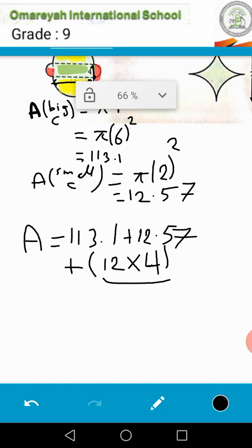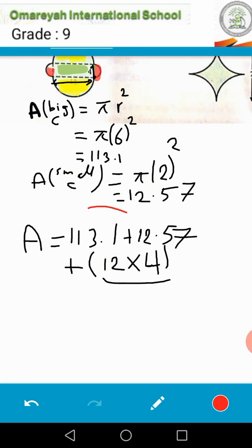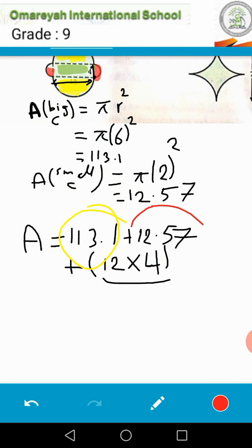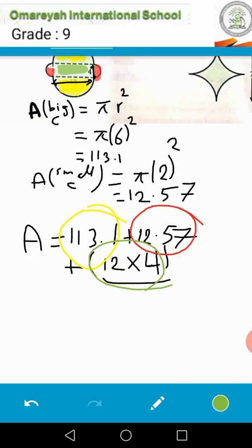So when you add the area again, this is the area of the yellow circle. Let's do yellow with yellow. This is the area of the yellow circle, and this is the area of the red circle, and this is the area of what? Of the rectangle.